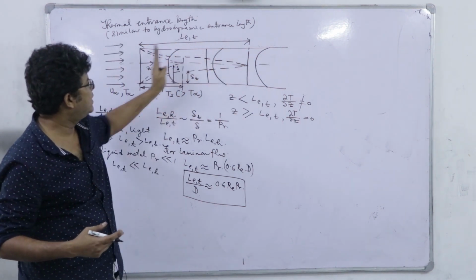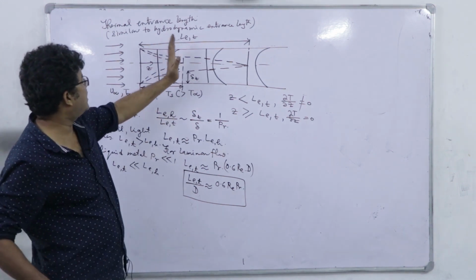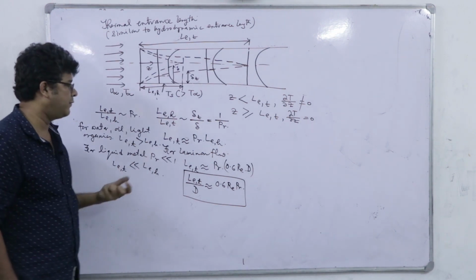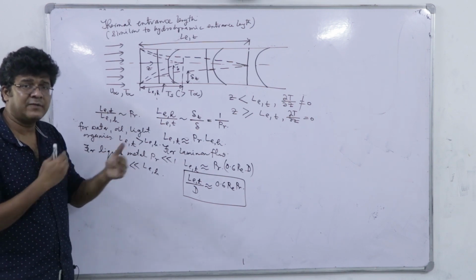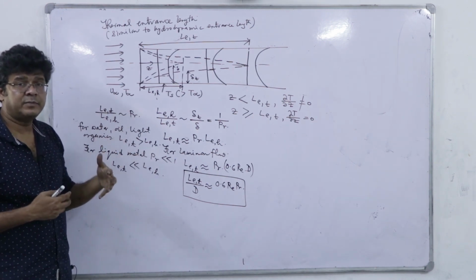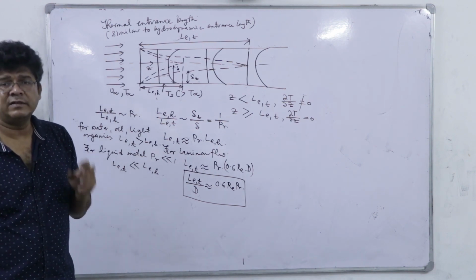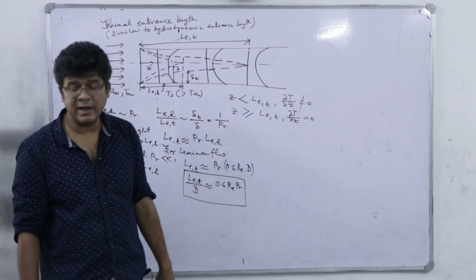However, thermally the flow will develop much earlier, at a distance much closer to the entry. So that's the idea of entrance length, very similar to the hydrodynamic entrance length, but we have to know the mutual dependence of the thermal entrance length and the hydrodynamic entrance length, and that's facilitated via the Prandtl number.